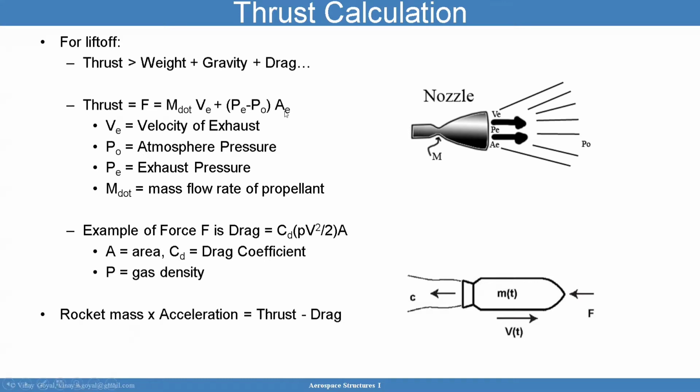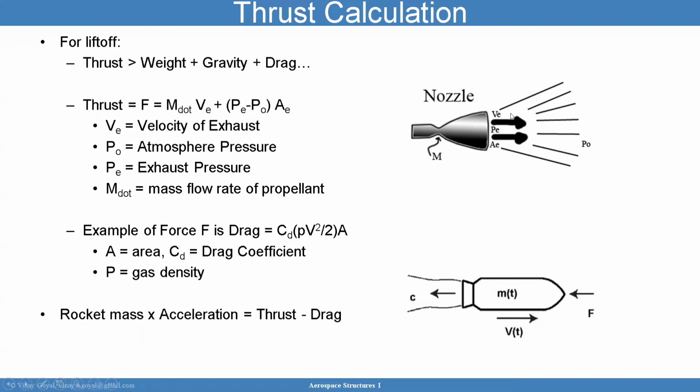That thrust calculation needs to be greater than the weight plus gravity plus drag. So you definitely want a combustion process in that chamber that's quite significant to give you the thrust that you need.